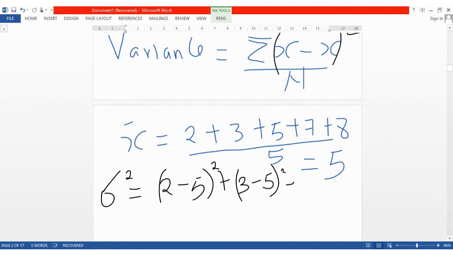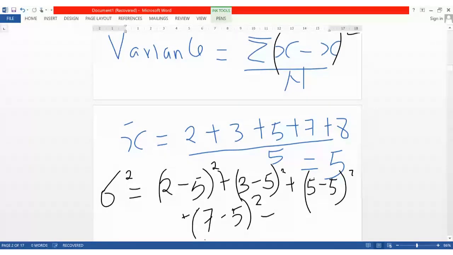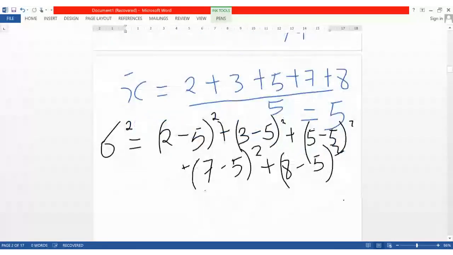Plus 7 minus 5, I square it. Plus 8 minus 5, I square it. Then all this I divide by the total number of digits, which are what? 5. So 2 minus 5, that is negative 3.